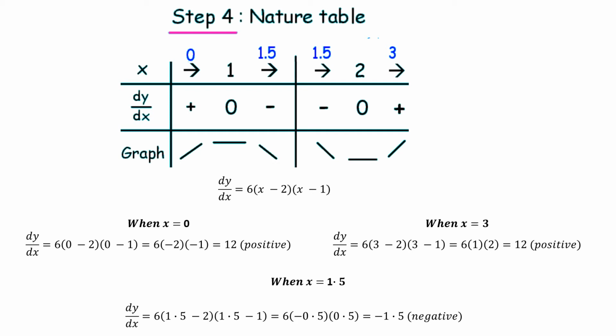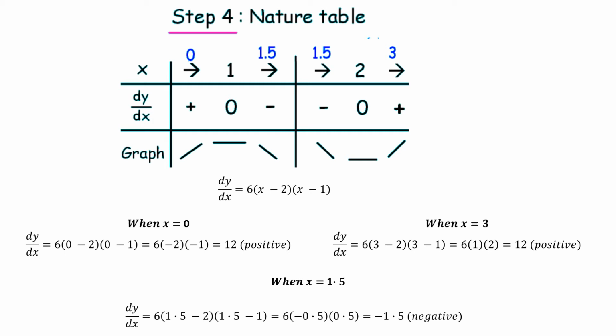What we can then do is say, well, this is what the graph would look like. Because it's positive here for dy by dx, it's going to be going upwards. 0 is a stationary point, so it'll be flat there, and it's a negative here, so it's going to be going down the way. A negative here, so again it's going to be going down the way. We've got a stationary point here, so it'll be flat, and we've got a positive dy by dx here, which means it's going to be rising there.